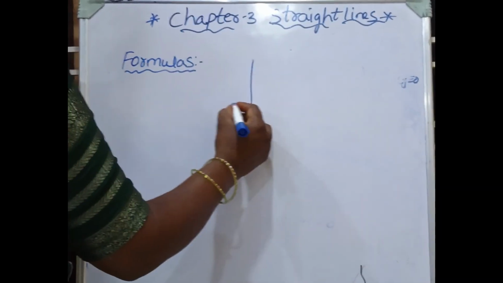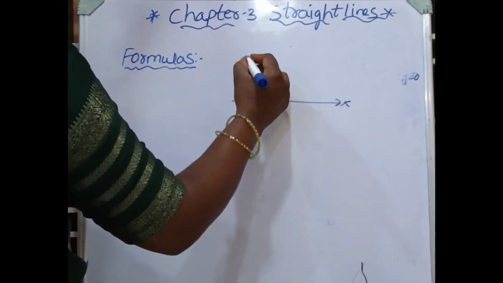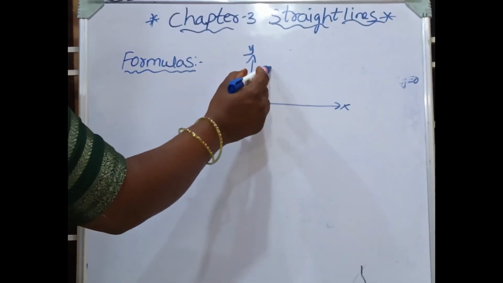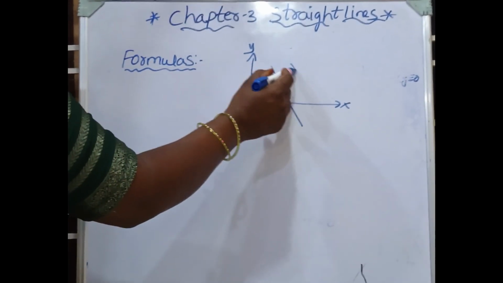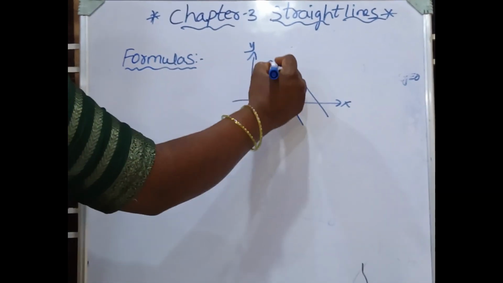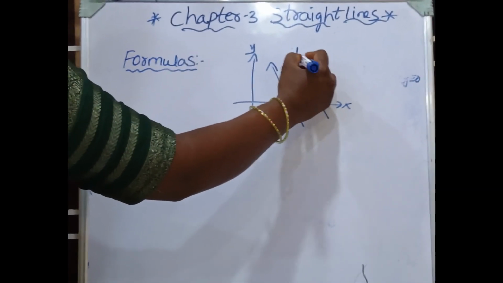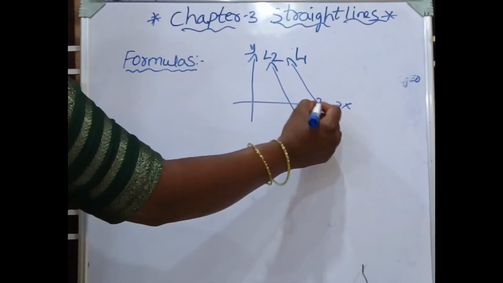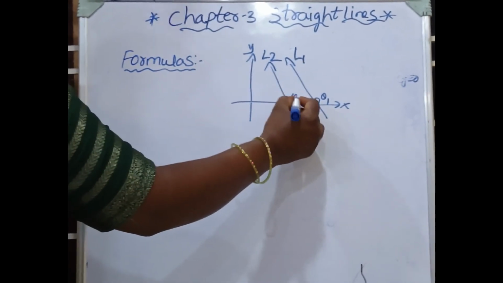This is the x-axis and this is the y-axis. There are two lines, L1 and L2, with corresponding angles theta 1 and theta 2.